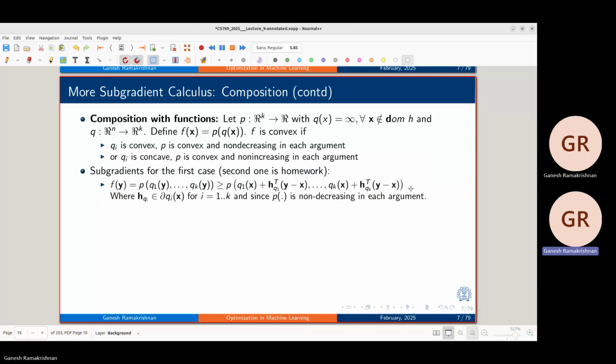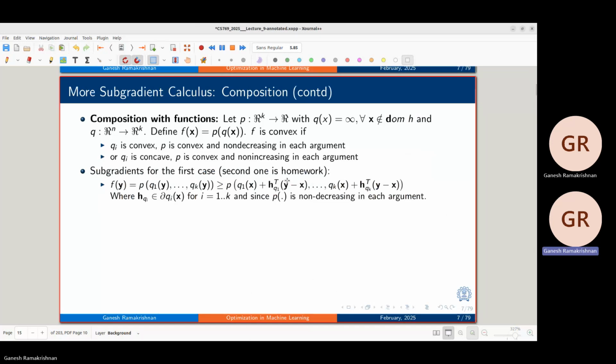So what's the definition of subgradient? P at Q1 to Qk of y should be greater than or equal to P of Q1(x) plus the subgradient of Q1. You see this notation. Let me write this down.